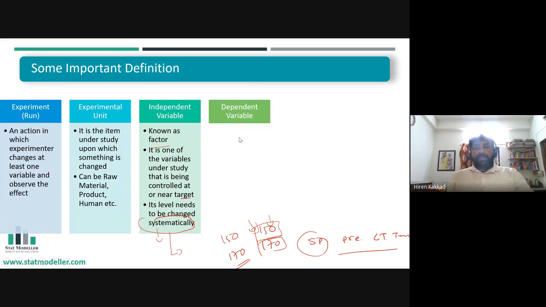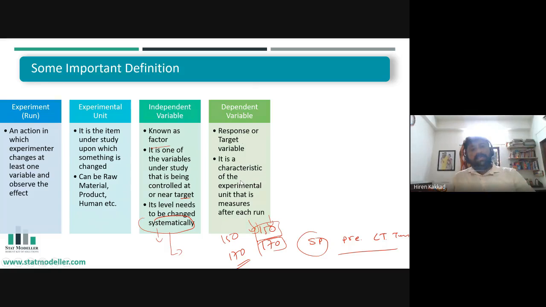What do we mean by the dependent variable? So the response or target variable, you can say, is the dependent variable. It is a characteristic of the experimental unit. So here we have understood what the experimental unit is, and, let's say for that plastic part I discussed, what we are measuring. So we are measuring the defects, right? That is one of the characteristics.